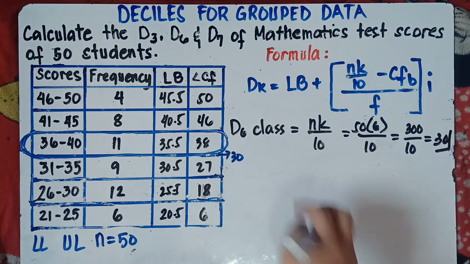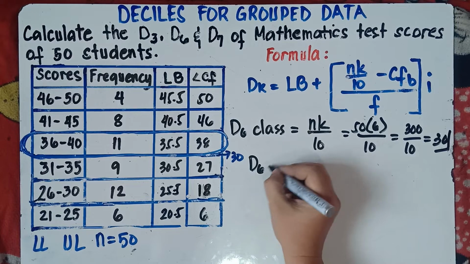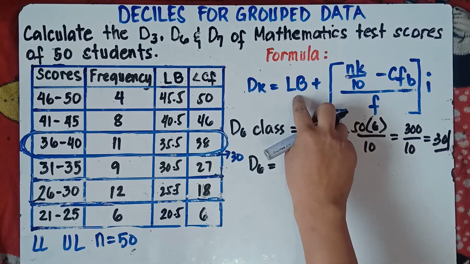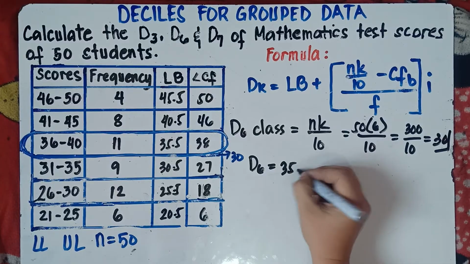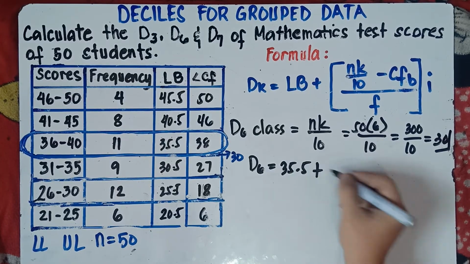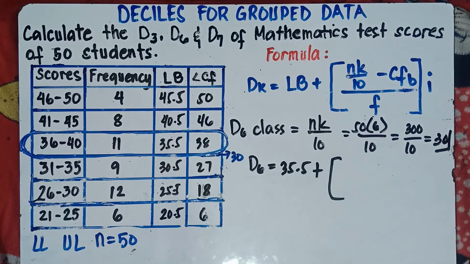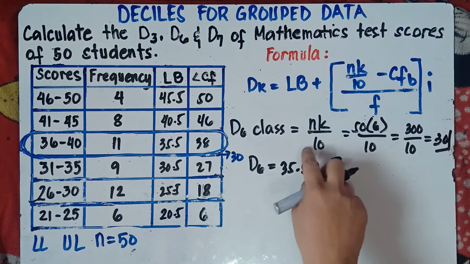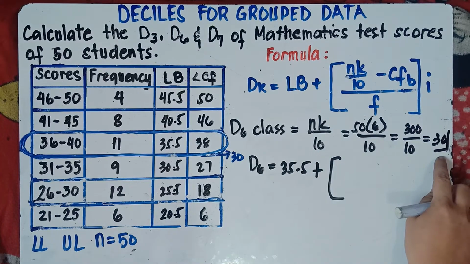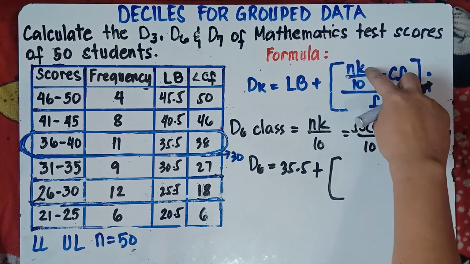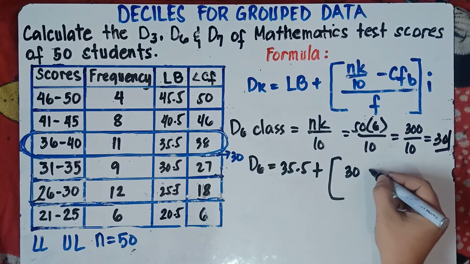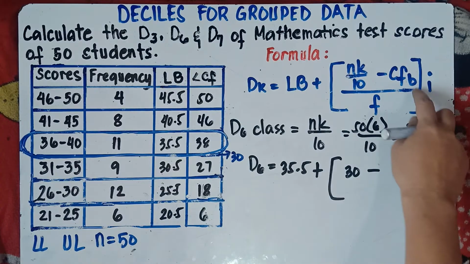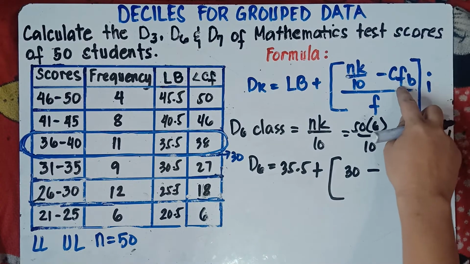Alright, let's find this one. So 6th decile equals LB, lower boundary, that is 35.5. Substitute 35.5 plus, so we have nk over 10. We already have the answer, that is 30. So nk, 50 times 6 divided by 10, and the answer is 30. So 30 minus, once again, CFB, cumulative frequency before.